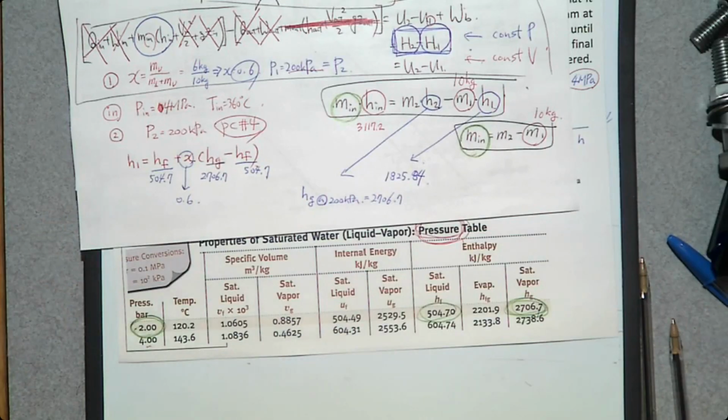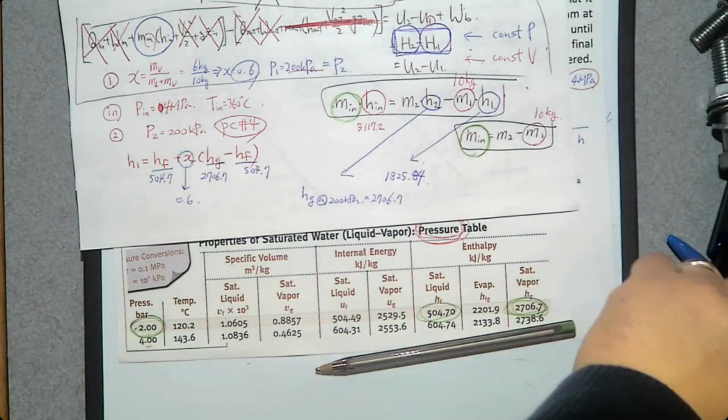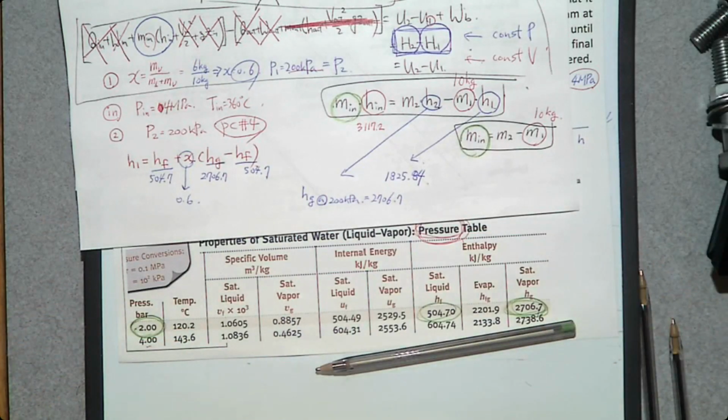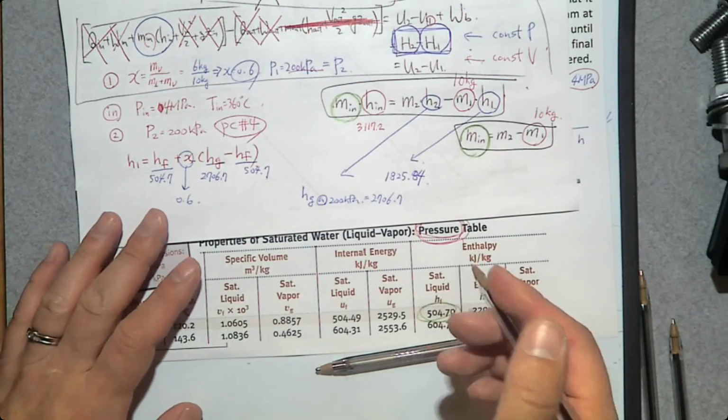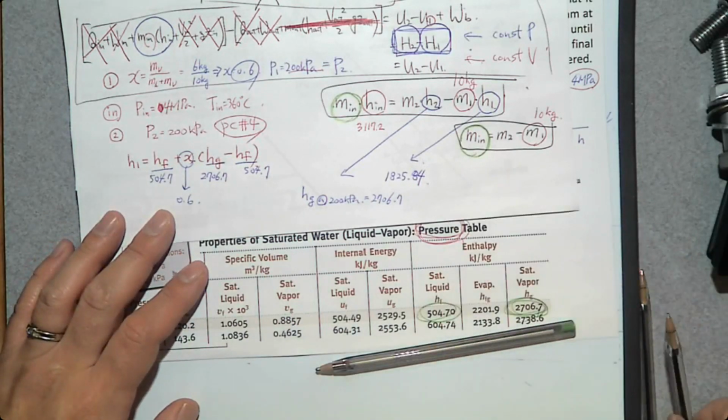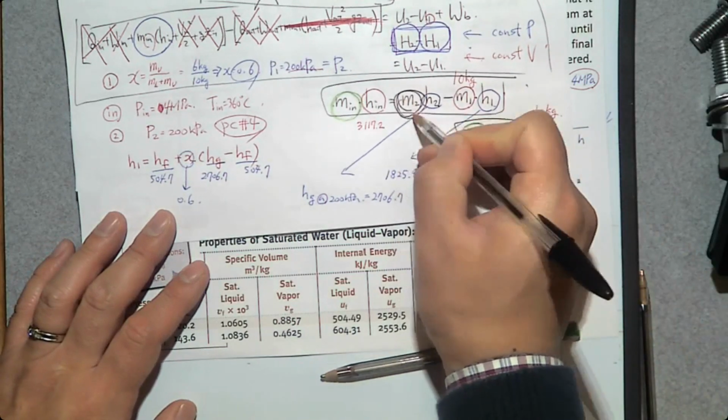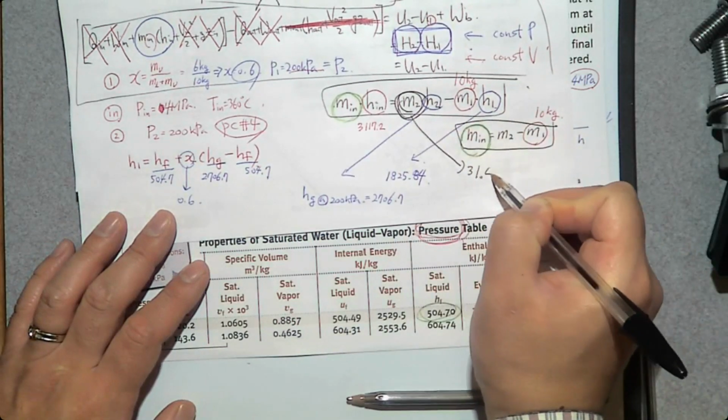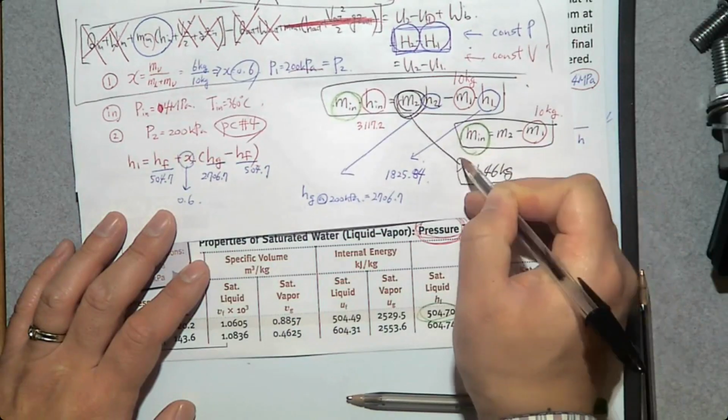Now we have everything. Can you determine M2? Yes, you can. M2 is 31.46. So from this, M2 is 31.42 kilograms.